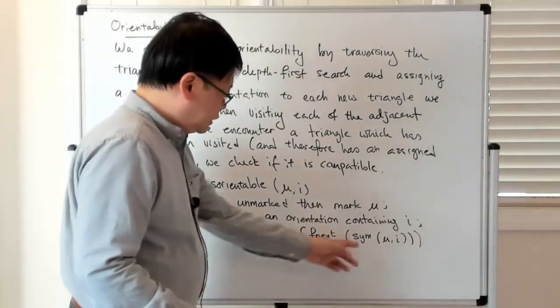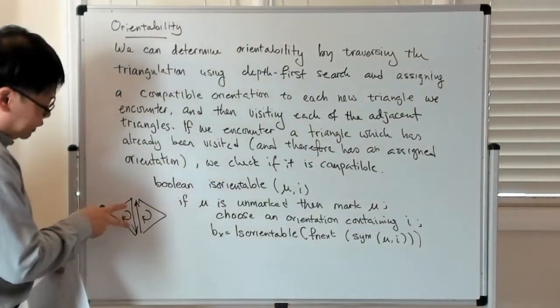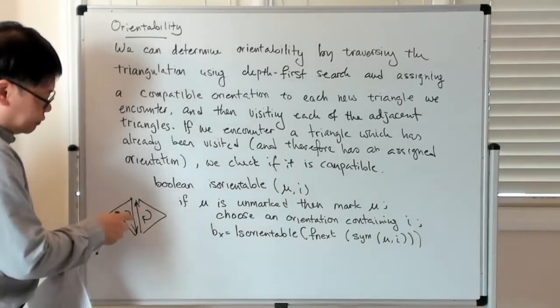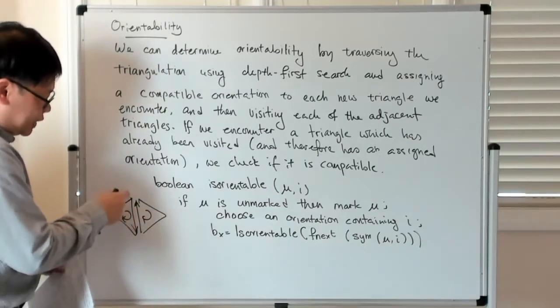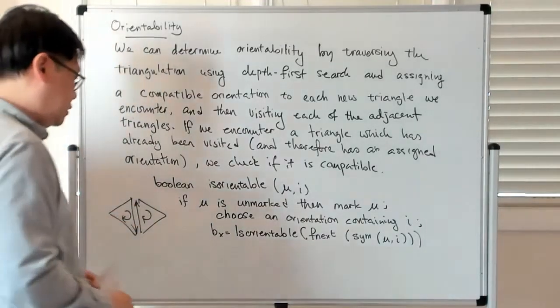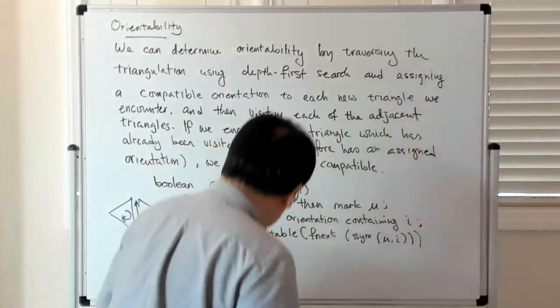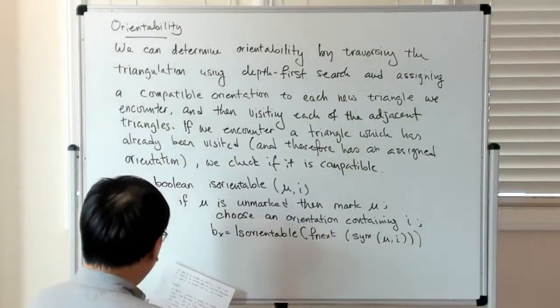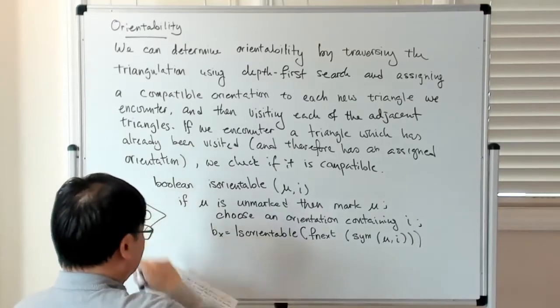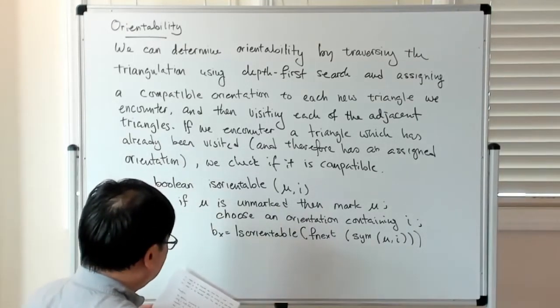Okay. So this says, I look at a triangle which has this leading edge as an edge as well. And then I do the same thing, but now for the other edges of the triangle.